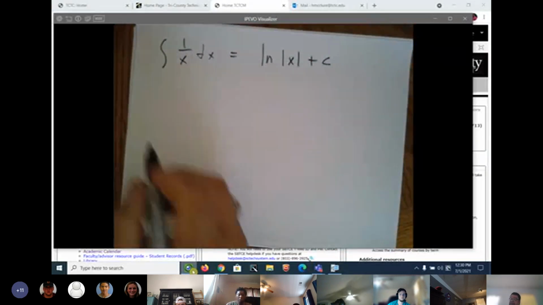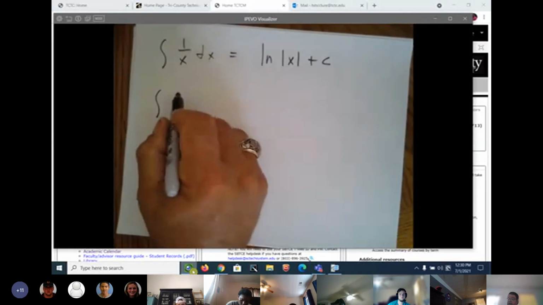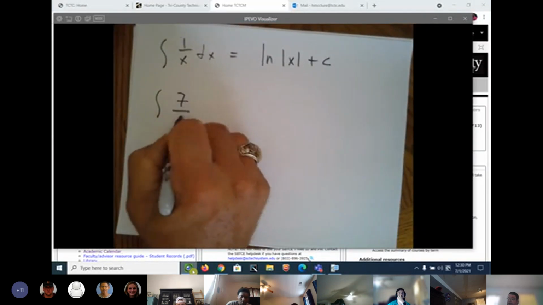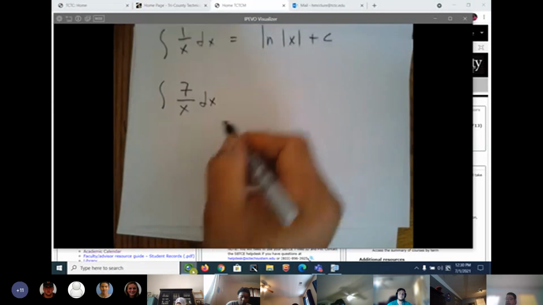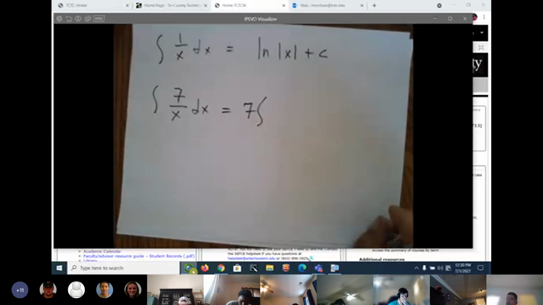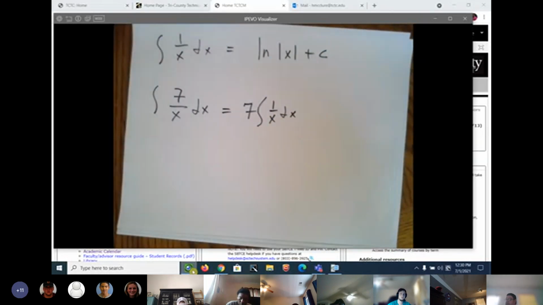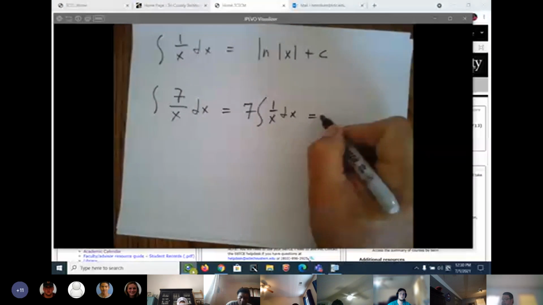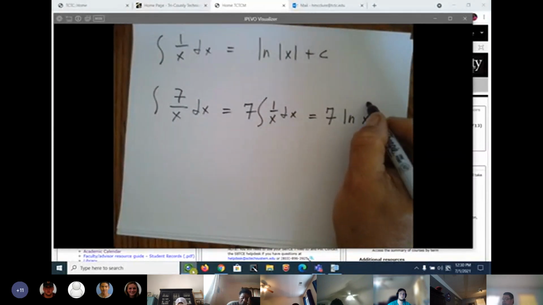So therefore, if I give you the antiderivative of 7 over x dx, then that's going to be 7 times the antiderivative of 1 over x dx, which is 7 times the natural log of x plus c.